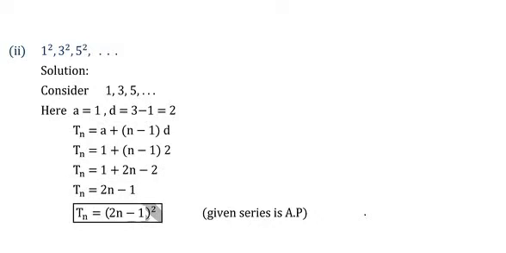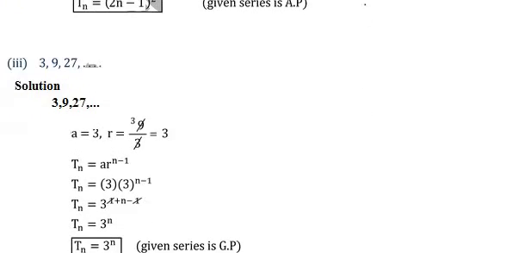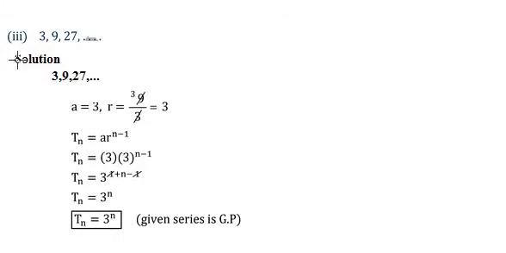Now question number 1 part number 3: 3, 9, 27. If you check the difference, 9 minus 3 equal to 6, and 27 minus 9 equal to 18, so the difference is not common.